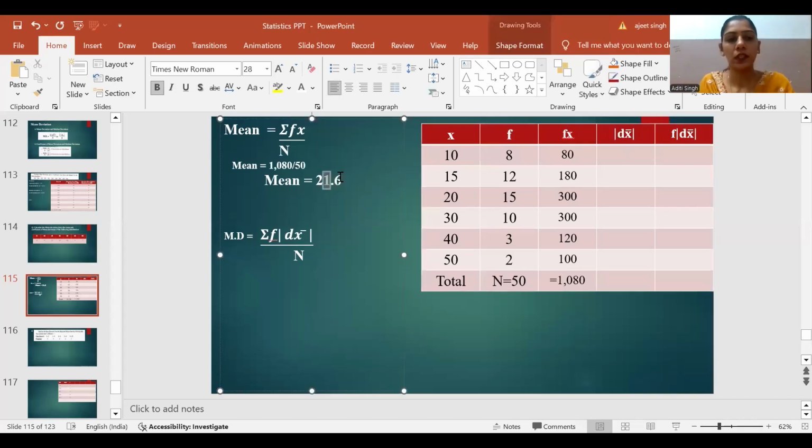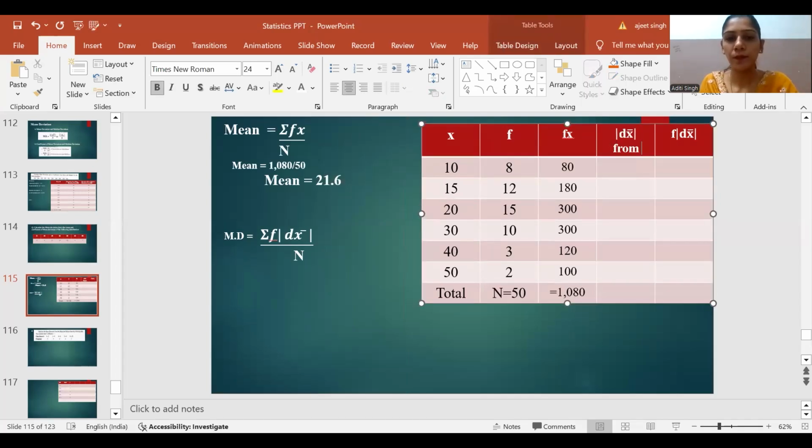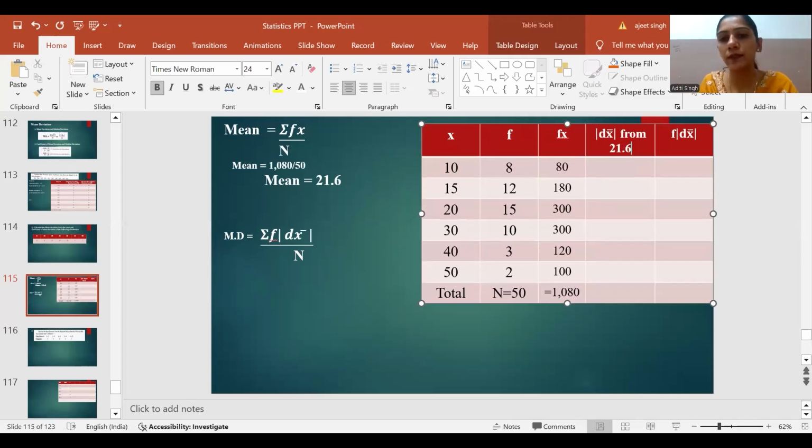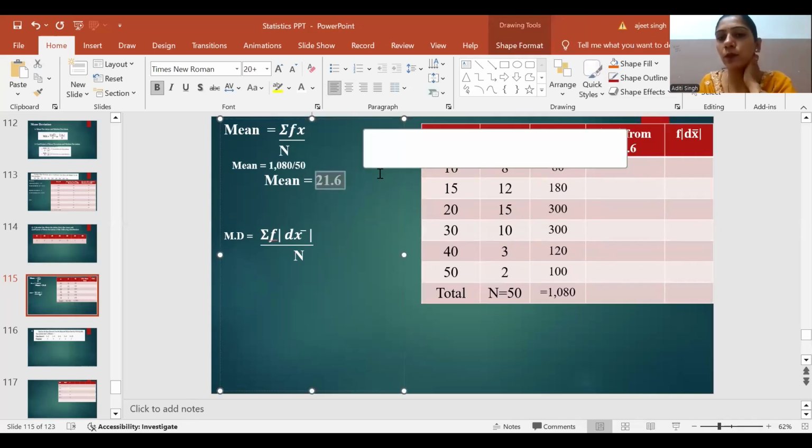So dx bar from mean, or you can write 21.6. This is how we calculate this. We will calculate it with the help of the value of mean. So dx bar from 21.6.